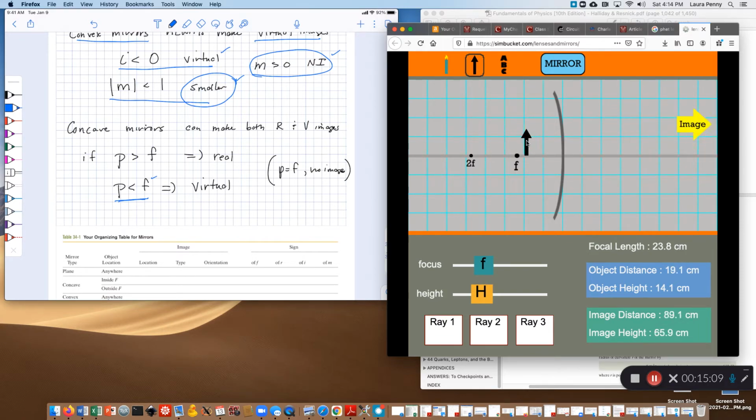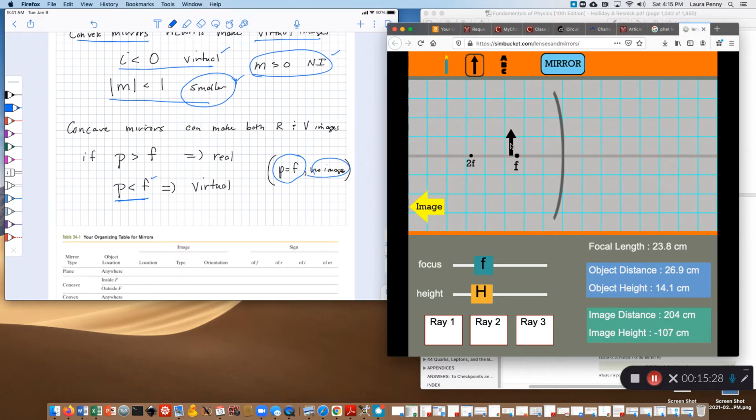But if I'm exactly at the focal point, it says image distance infinity, image height negative infinity. There is no image if you're at the focal point.